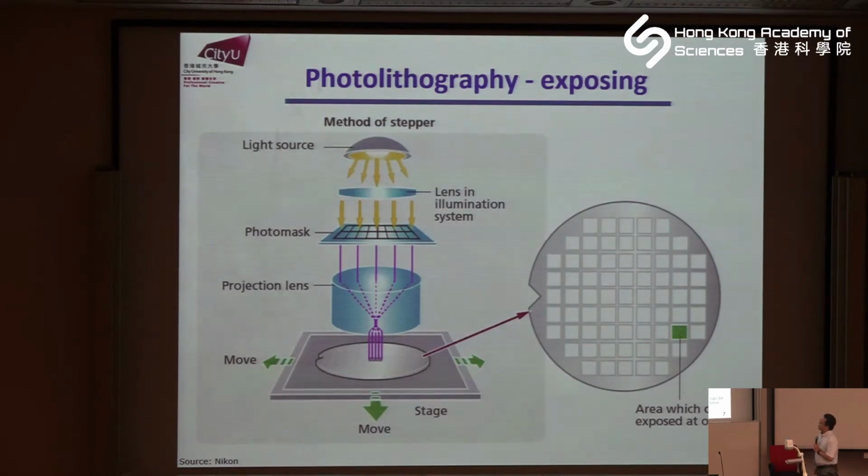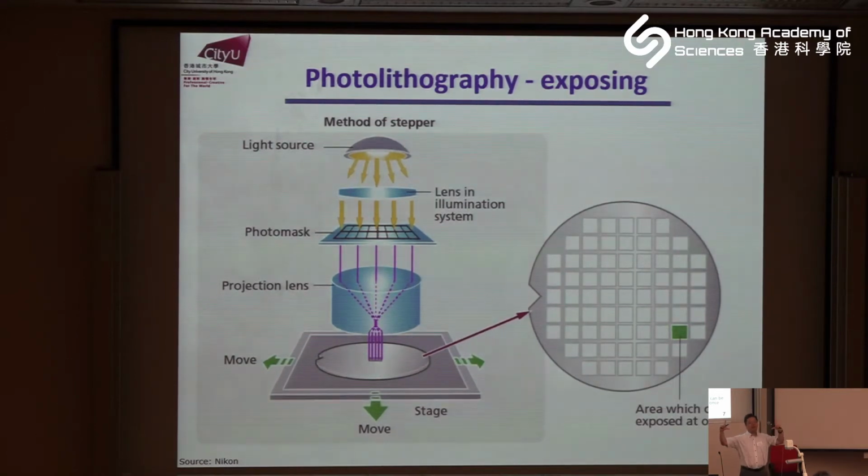We use a light source, and right now we're using deep UV, at a wavelength of 157 nanometers. Then we use a mask to block the light passing through to create a pattern onto the substrate. And this is the silicon. The silicon wafer we're using right now is 12 inch, 300 millimeter. If you look at the size, it's really very big.